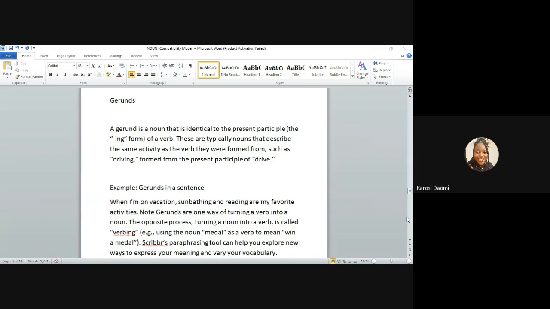Although a gerund is quite similar to a verb, one way to identify gerunds is that even though it looks like the verb, it's also the name of an activity. So very important to know. Or it's the name of an action, since verbs are action words. So gerunds are names of actions.